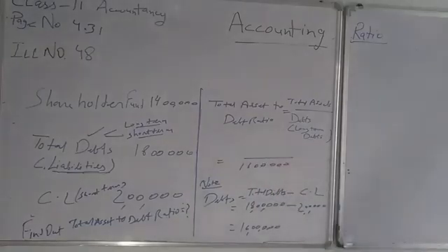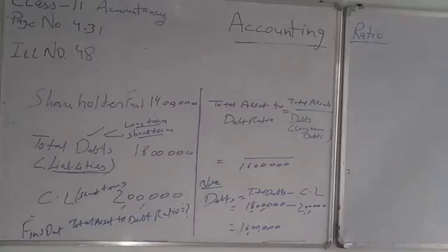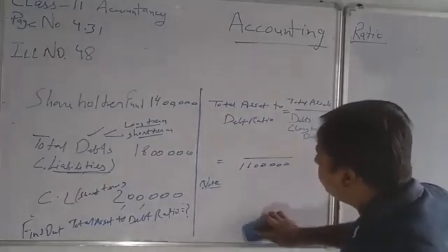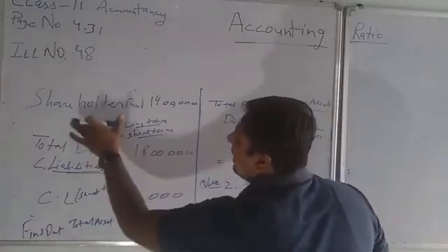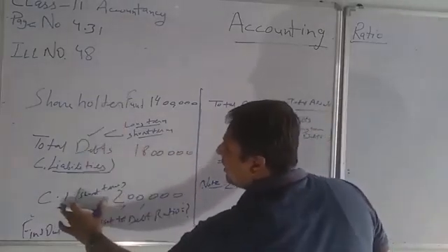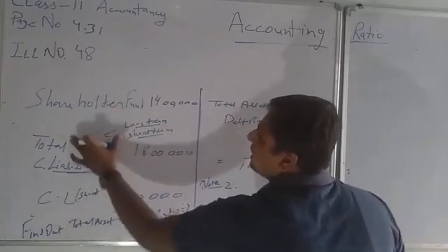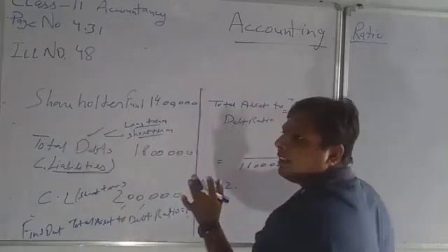Now we have to find the assets. Which assets? Total assets we have to find out. So for finding out total asset, what we have to do? Note number two. We can add this total debts because in total debts short term debts is already included. So total debts plus shareholder funds is equal to total liability, and total liability is always equal to total asset in the balance sheet.